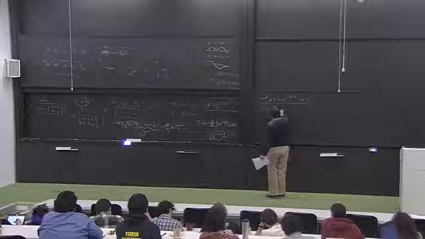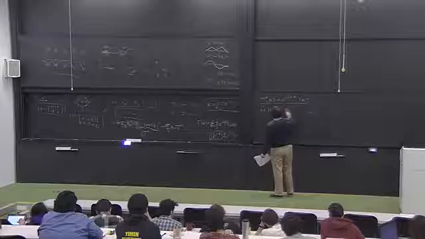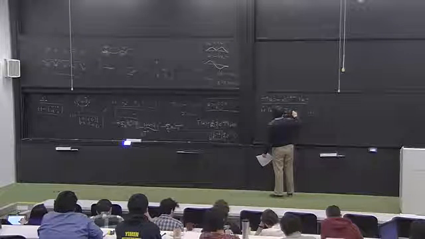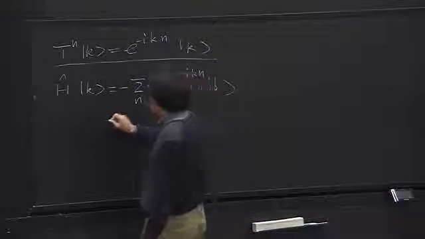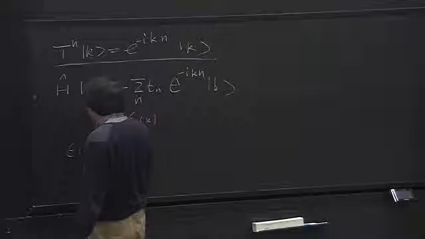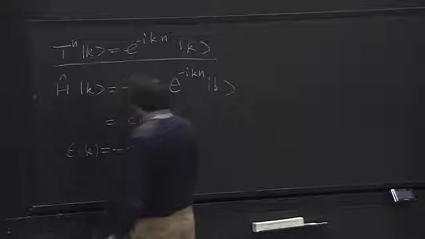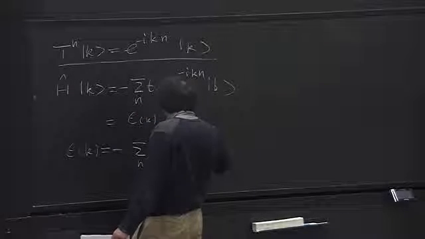So when H hits |k>, you get |k> times minus the sum over n of T_n e to the minus i k n, which is epsilon_k. We see that epsilon_k equals minus the sum over n of T_n e to the minus i k n.